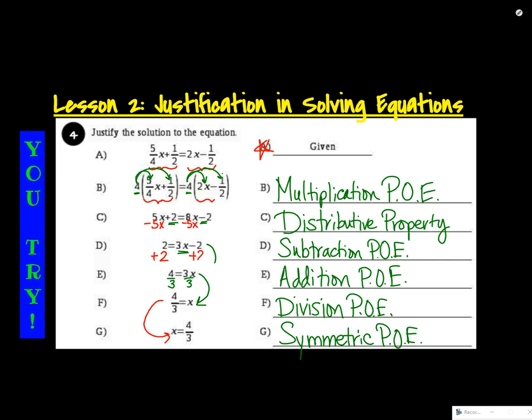Okay, so these are called two-column proofs. You have a left column where all the math is being done, and a right column where all your justification is happening. Next, what we're about to do is make our own, where all you're given is the given. You're just given this guy, for instance.